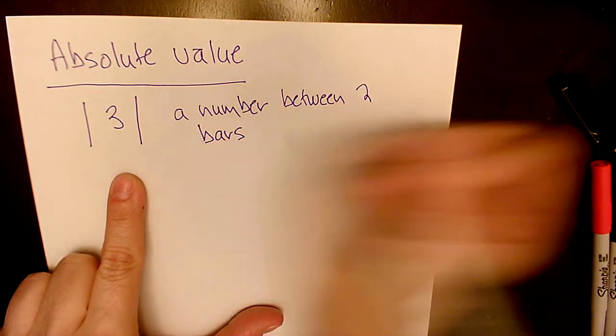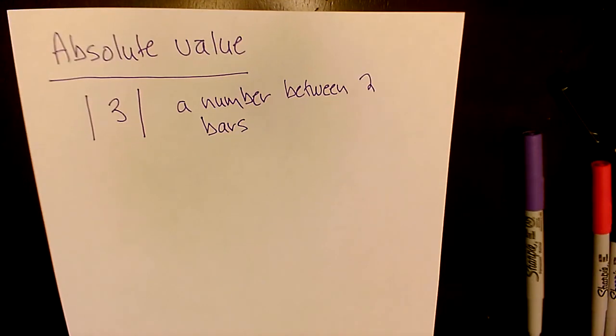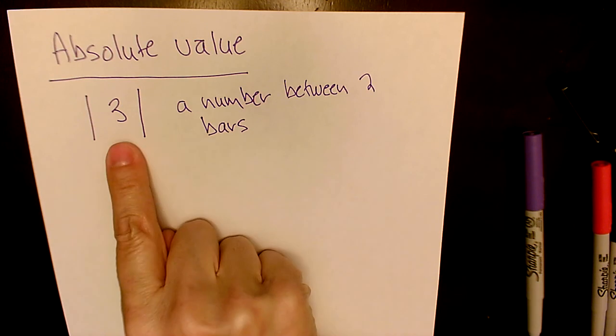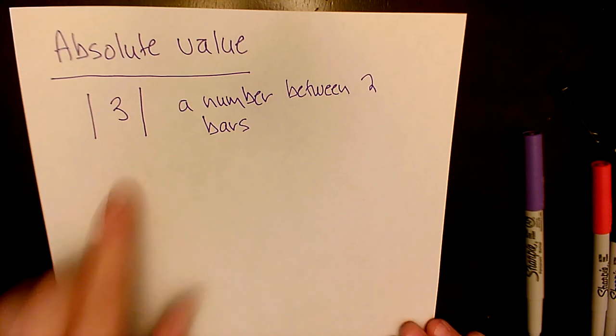So if you see a number between two bars, that means absolute value. And in here could be a positive number or a negative number. It doesn't matter. So absolute value is the distance from 0. You can think about it like that.